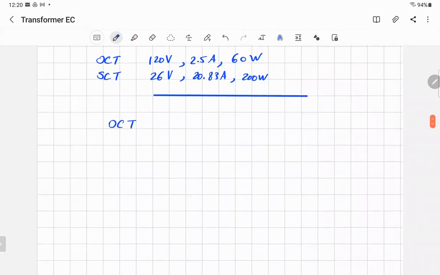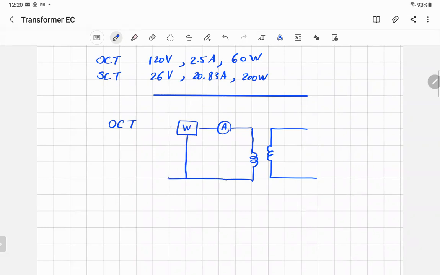What we'll do, we get the transformer, and we have two sides. On one side, we are going to measure the current with an ammeter, measure the power, and measure the voltage.